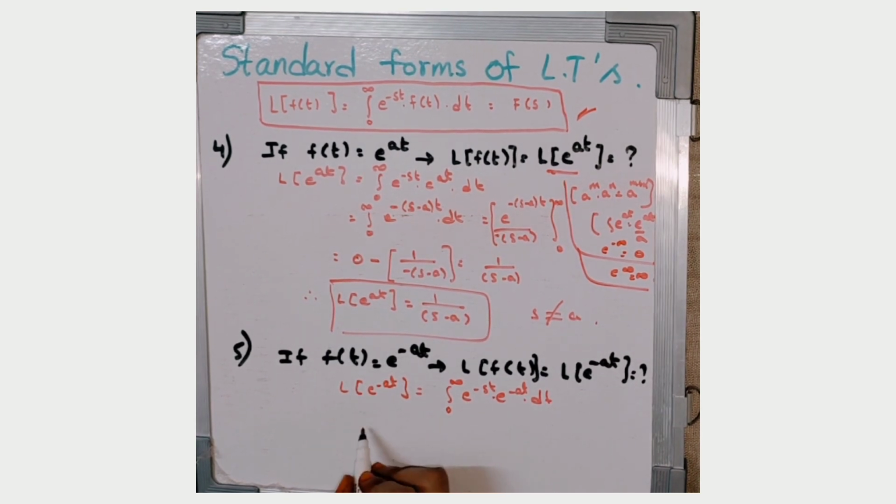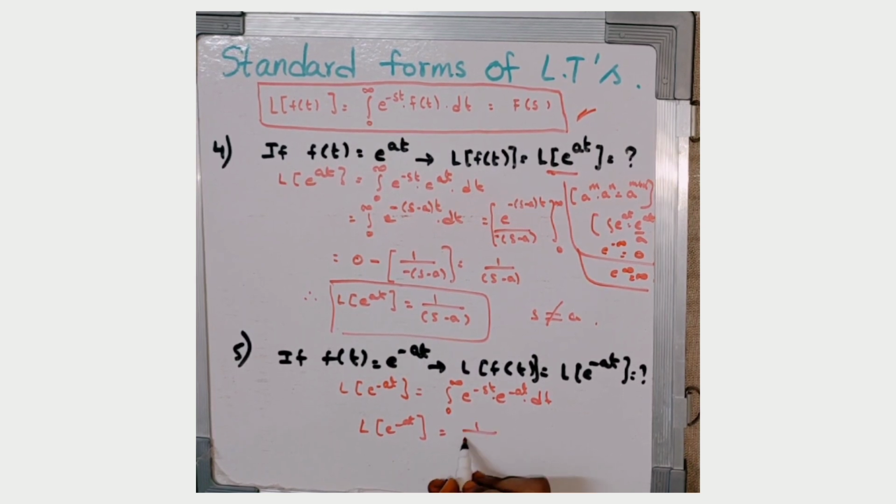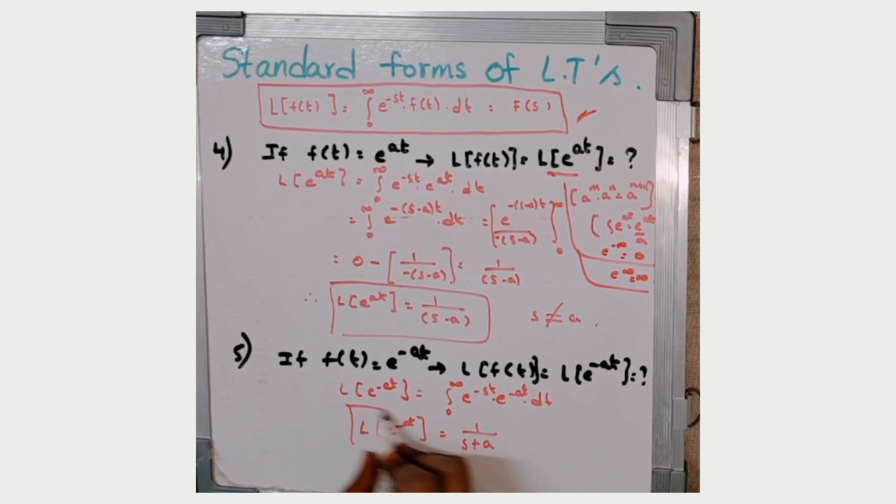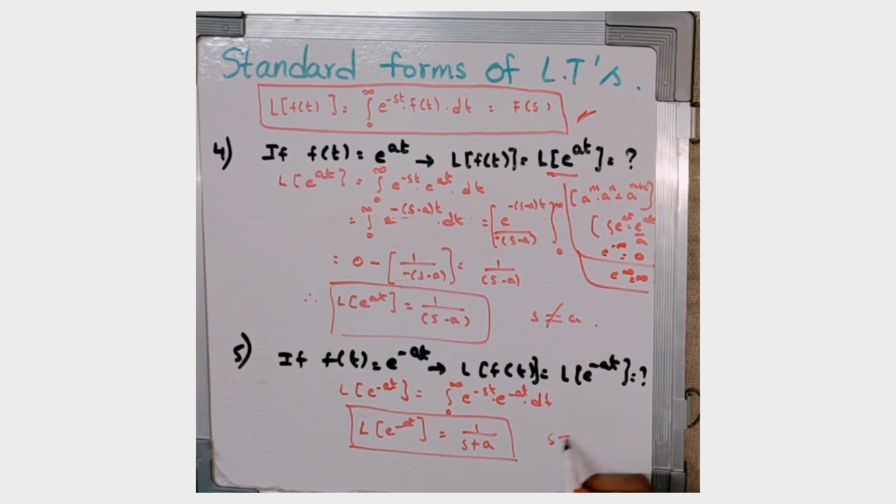So the Laplace transform of e power minus at will be with a positive sign, that is 1 by s plus a, such that s is not equal to minus a.